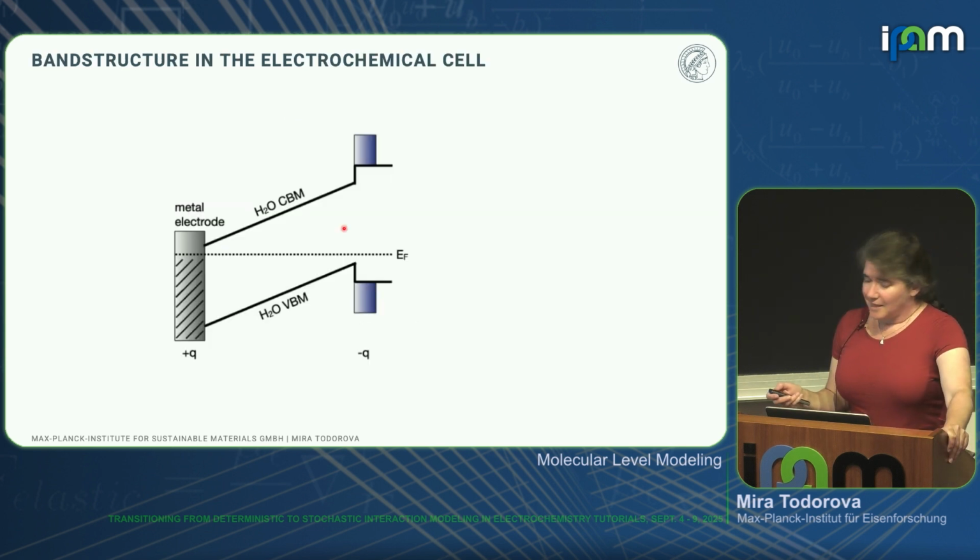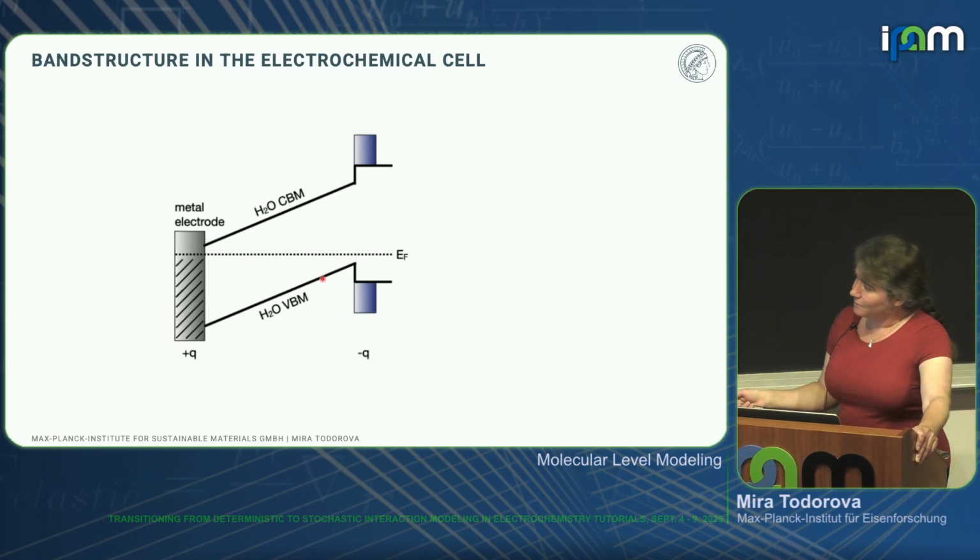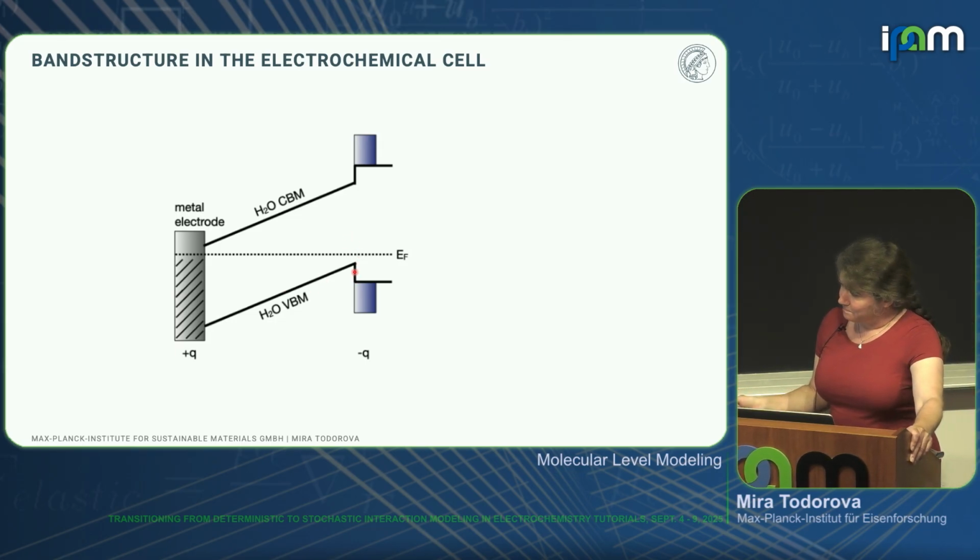You also saw this kind of plot from Jörg, where we have a band diagram. Here we have the metal, here we have our neon electrode that we discussed, and here we have the water band gap. In principle, we can vary the field that we apply within the band gap of water up to a certain point.